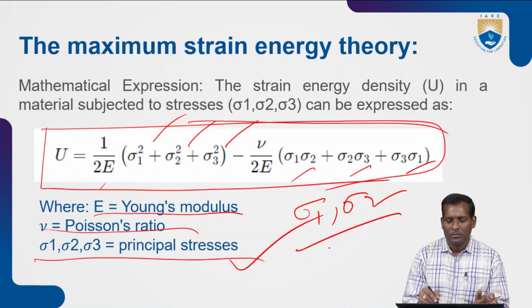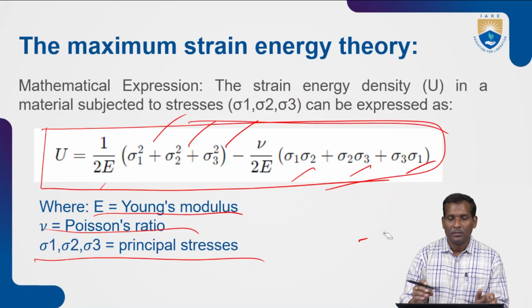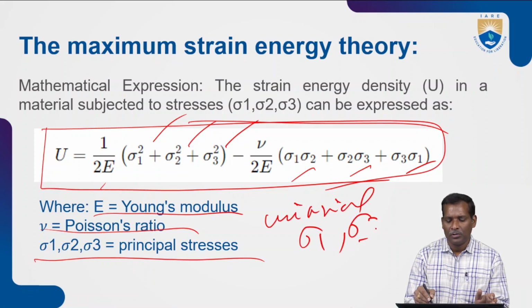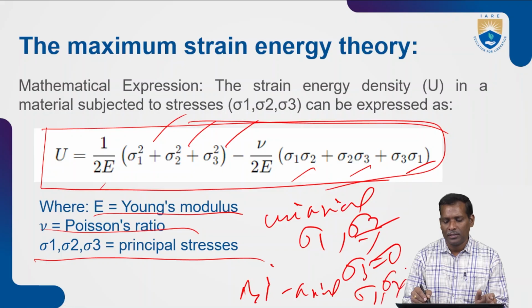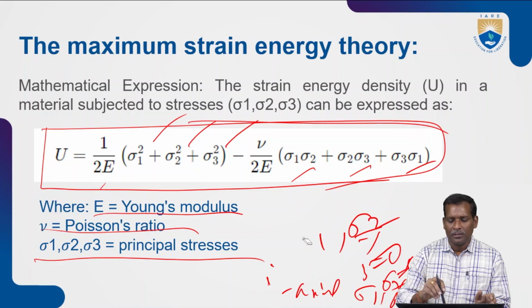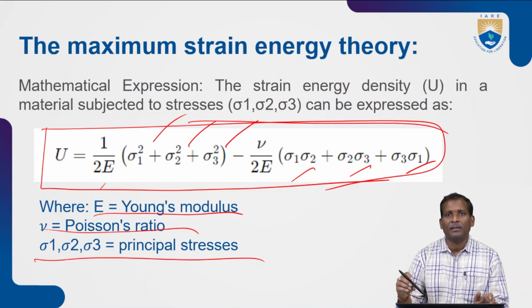So here sigma 3 is 0. For uniaxial, only sigma 1 is active, and sigma 2 and sigma 3 are 0. Like this, you can write expressions for triaxial, biaxial and uniaxial loading.